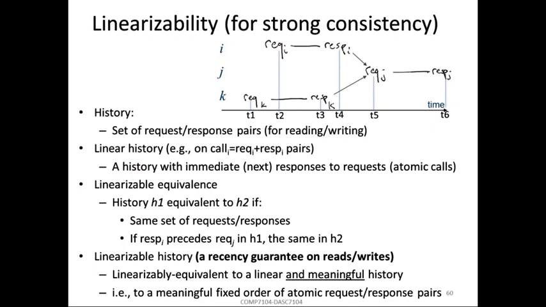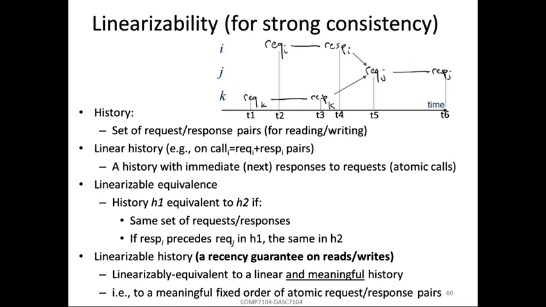If it's just about writing or reading a record, a meaningful history is simply one in which, once a write completes, all later reads, later by time of course, should return the value of that write or the value of a later write. So that's what we could define as a meaningful history. Whenever we read after a write, we see that write.